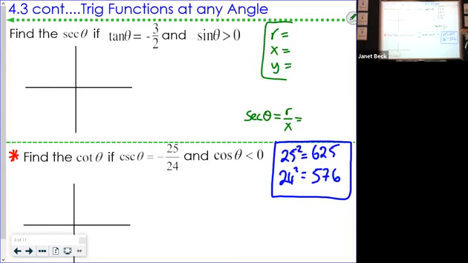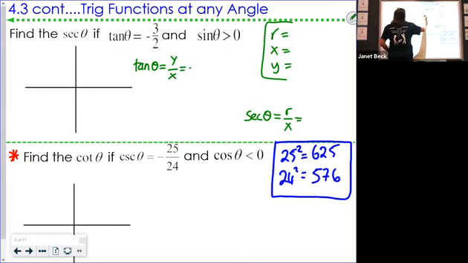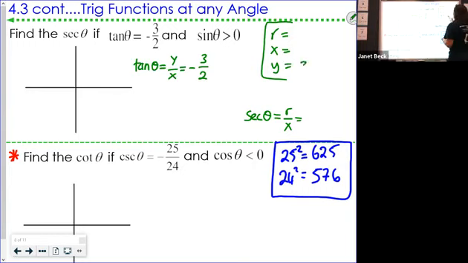So what information have I been given that will help me? I've been given that the tangent of theta, which I know is a y divided by an x, is negative 3 over 2. So I know that my y is something to do with 3, and my x is something to do with 2, but one of them must be negative, but I don't know which one.